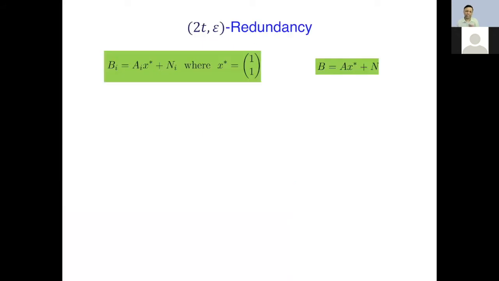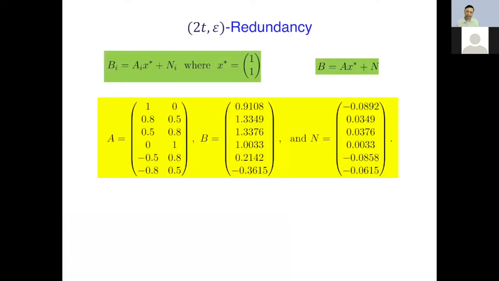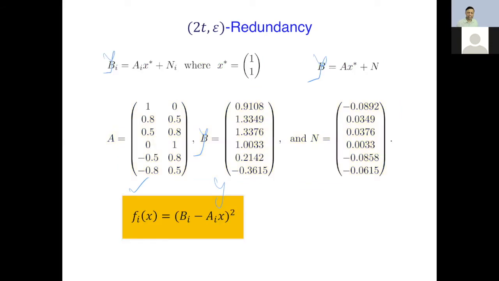And here's a numerical example that I won't dwell on, but this is some random data we generated for X star equal to (1, 1), using this value of A. This is actually what we call Y, so I should have called it Y on this slide as well. If you estimate epsilon for this data, for this particular cost function, then the epsilon ends up being 0.089, if our calculations are correct.